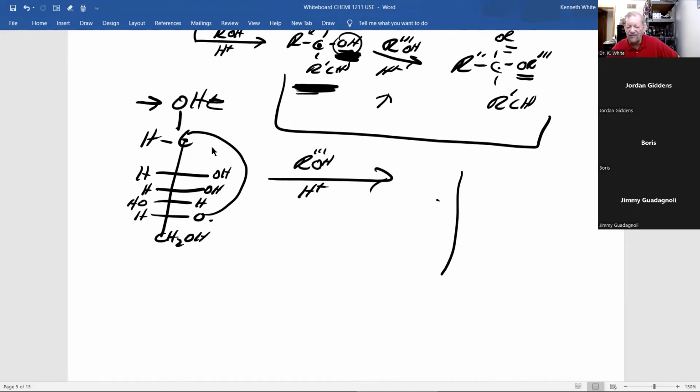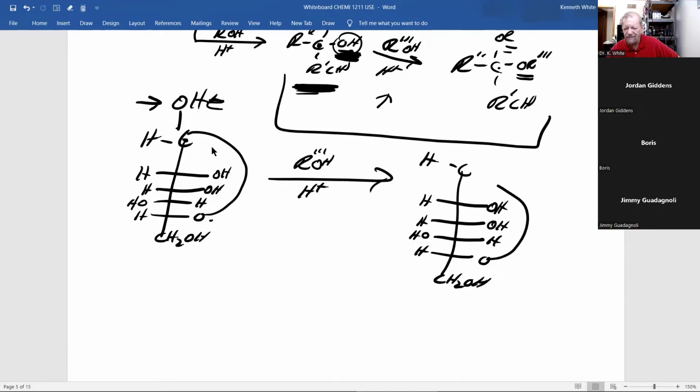What's not involved in the reaction doesn't change. That doesn't change. The only thing that changes is this becomes OR triple prime.